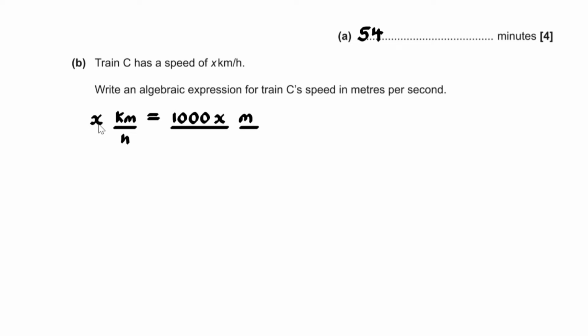So I multiply the x by 1000, so I have 1000x meters. And then the hours we can convert into seconds by multiplying by 3600. So altogether we've got 1000x over 3600 meters per second. And if we simplify this, we get 5x over 18 meters per second.